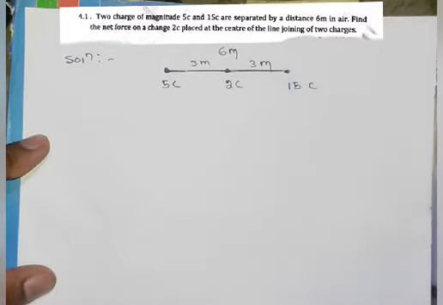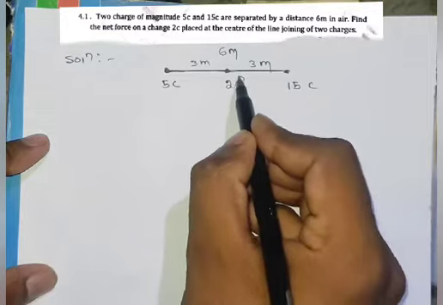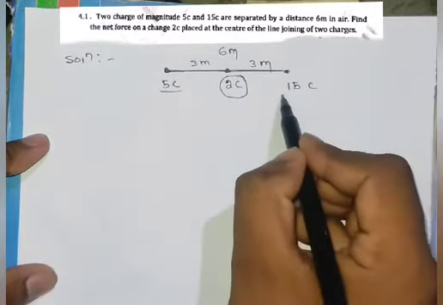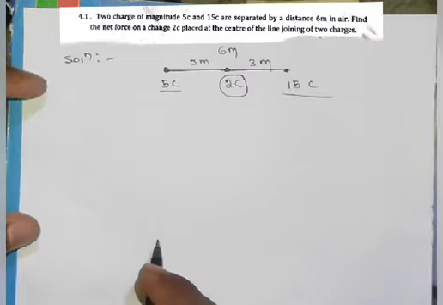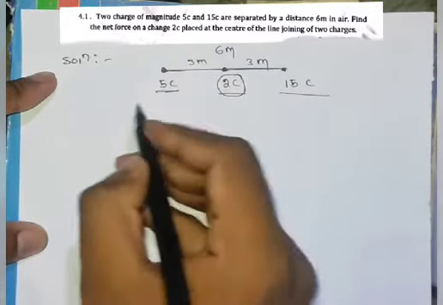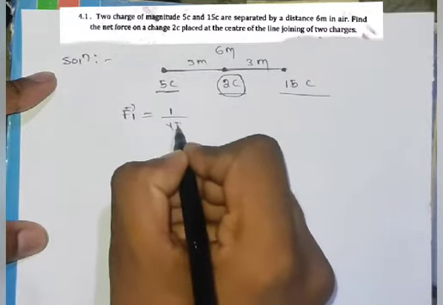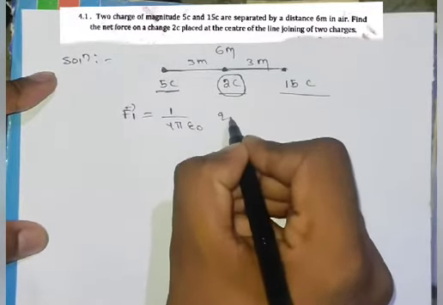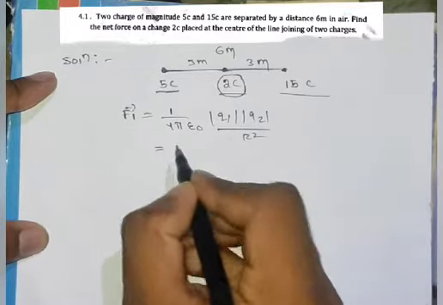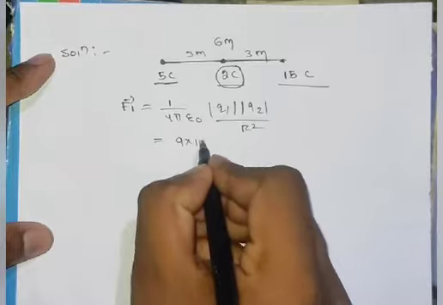Now the question asks to find the resultant force on this charge 2 coulomb due to 5 coulomb and 15 coulomb. First I shall calculate the force due to 5 coulomb on 2 coulomb, F1 equals 1 by 4 pi epsilon 0 times modulus Q1 modulus Q2 by R square, and we know the value of 1 by 4 pi epsilon 0 is 9 into 10 to the power 9.